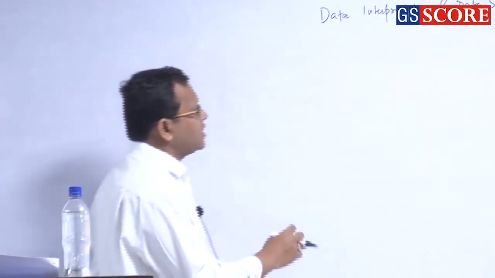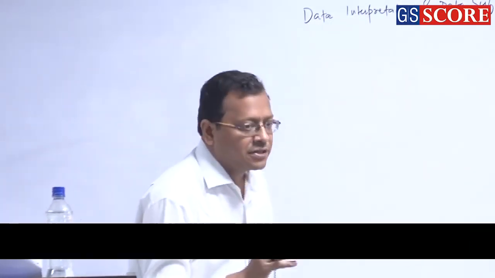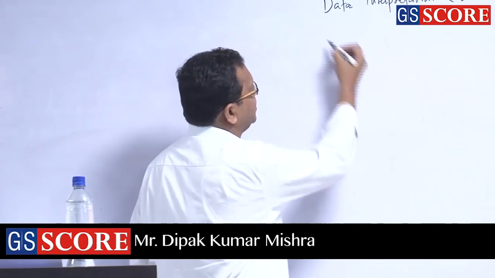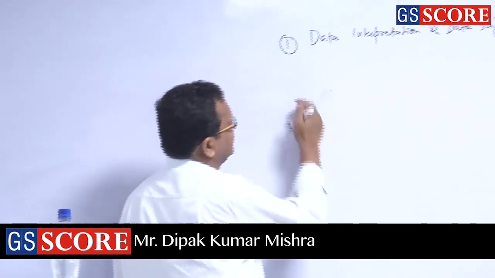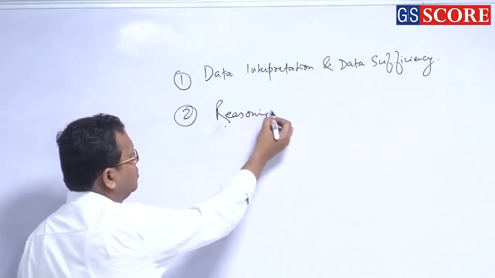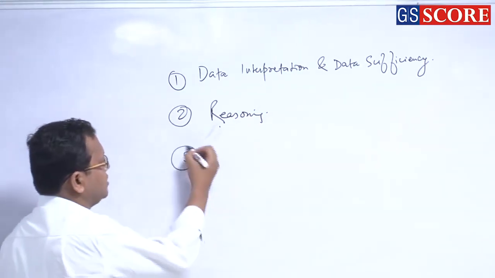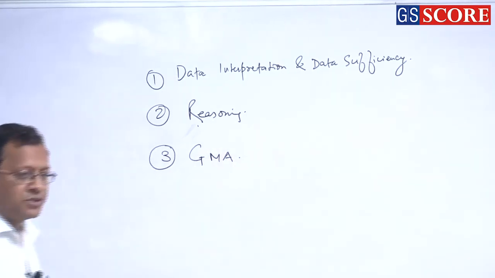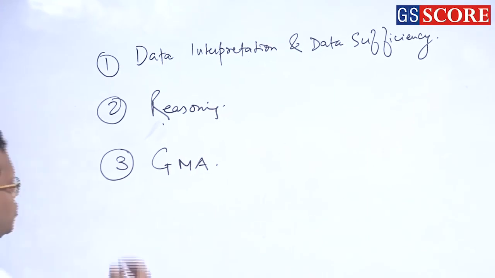Basically, there are three areas in CSAT which are tested. The aptitude domain, 3 or 4 areas. I am writing it down. This is one area, data interpretation and data sufficiency. The second is a reasoning area, which we will do tomorrow. The third is the general mental ability, what we call the quantitative aptitude part, which you all are aware.